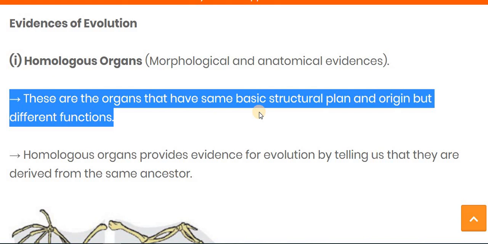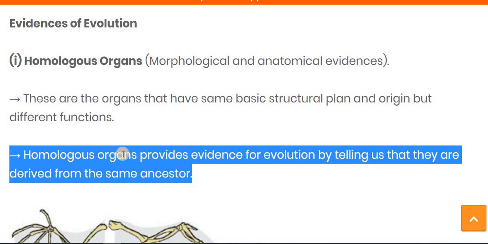So that comes under homologous organs. Homologous organs also provide evidence for evolution by telling us that they are derived from the same ancestor.